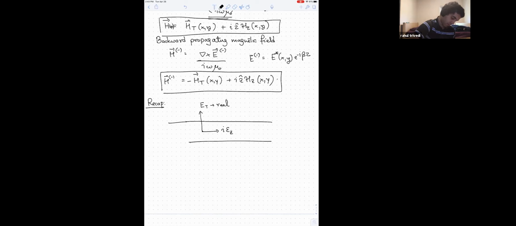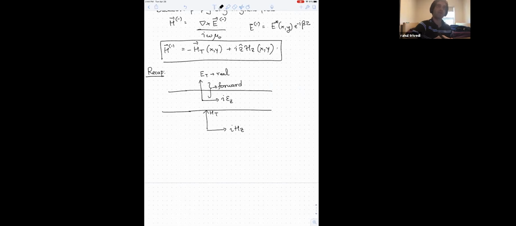So this is for the forward propagating wave. And the magnetic field has a very similar structure. So it has a transverse component which is real, and it has a longitudinal component that is imaginary.